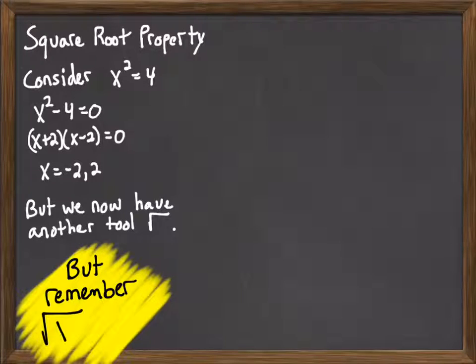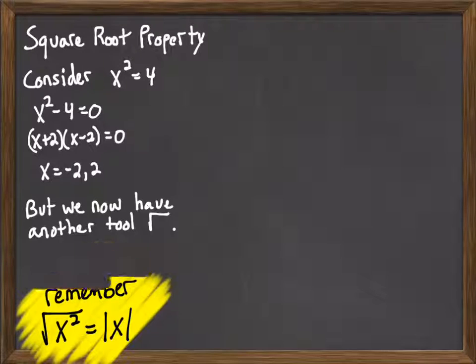Very important. Back when we talked about simplifying expressions involving square roots, we made an assumption that the variables were positive. That way we could say square root of x squared was equal to x. But remember, the square root of x squared is actually the absolute value of x. Okay, very important idea as we continue on now.